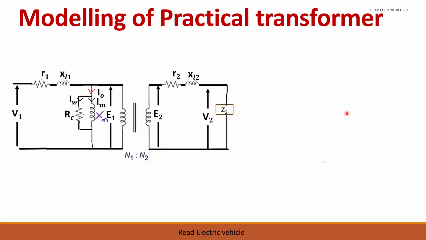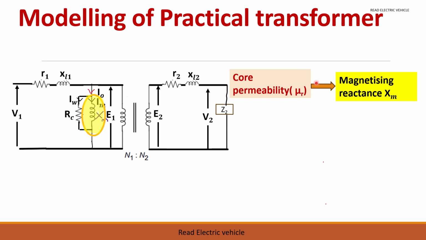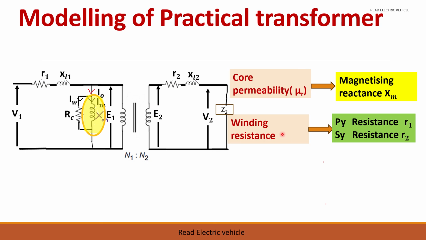So let us recall what we have seen so far. For modeling of a practical transformer, first you have to consider the core permeability, which is represented by a magnetizing reactance X. Then to include the winding resistance, we included two resistors R1 and R2.